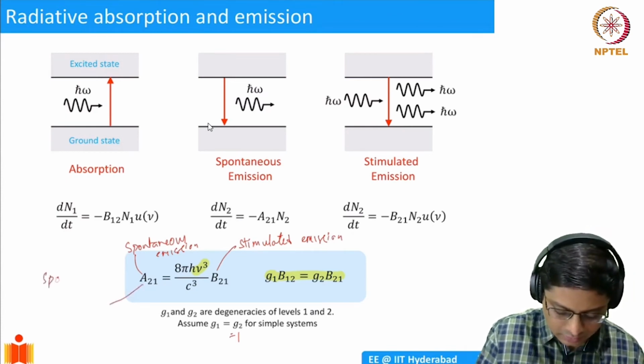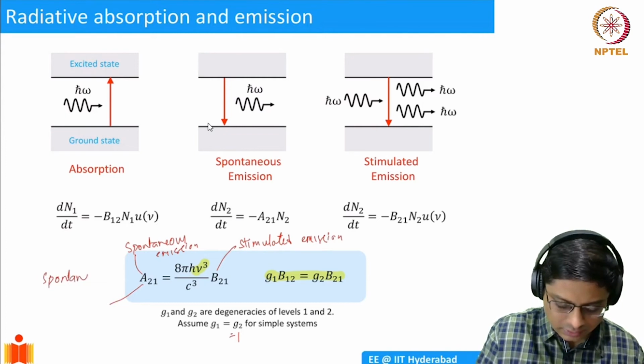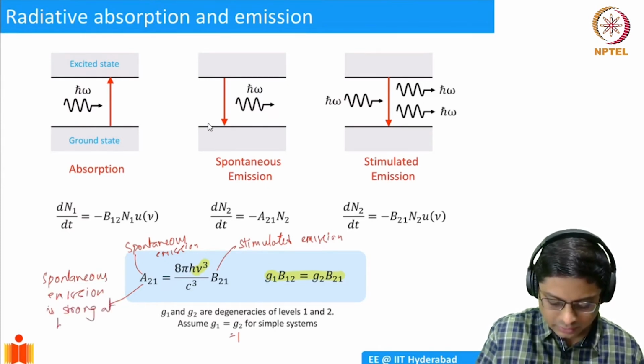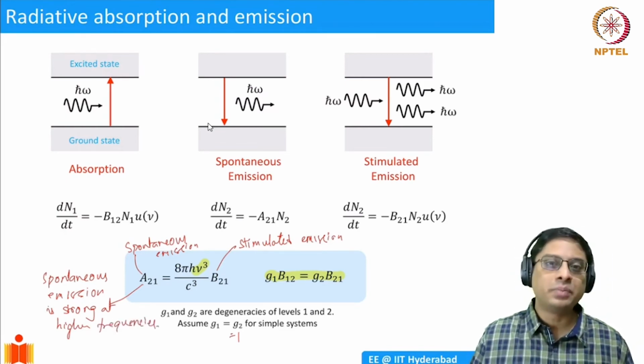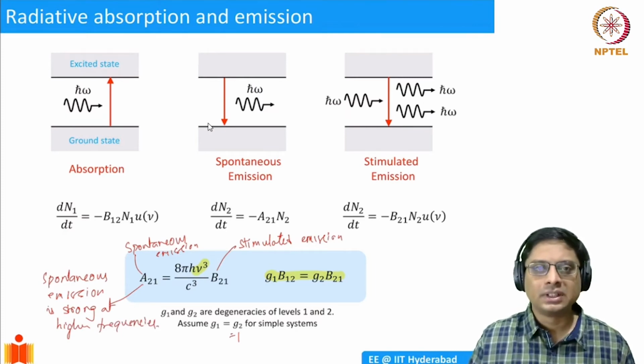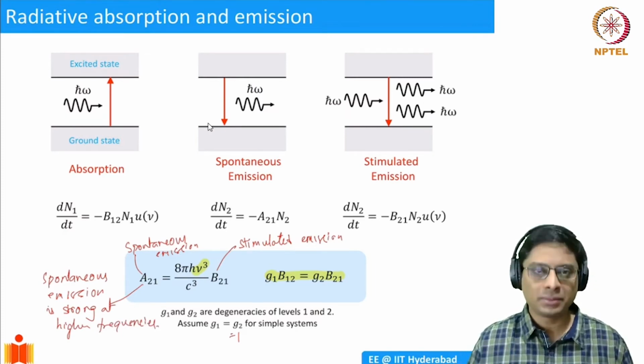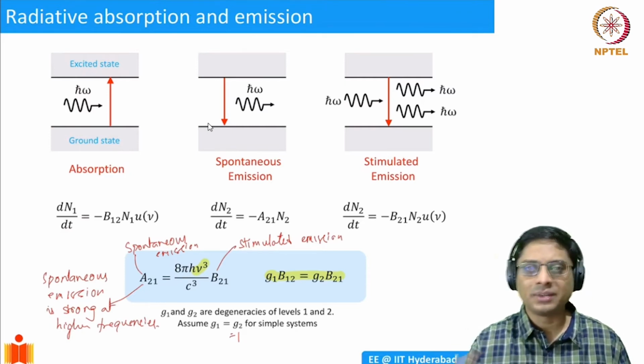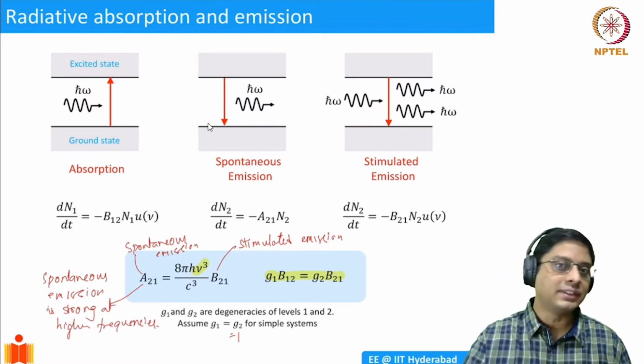So this A21, spontaneous emission, is strong at higher frequencies, and because of that it is difficult to build lasers. For lasers, we want stimulated emission to take place. We want emission to be coherent. We want the emitted photon to have the same frequency and phase as the incident photon.